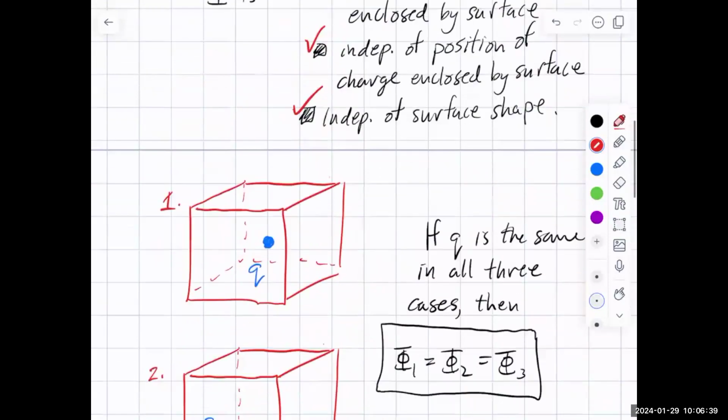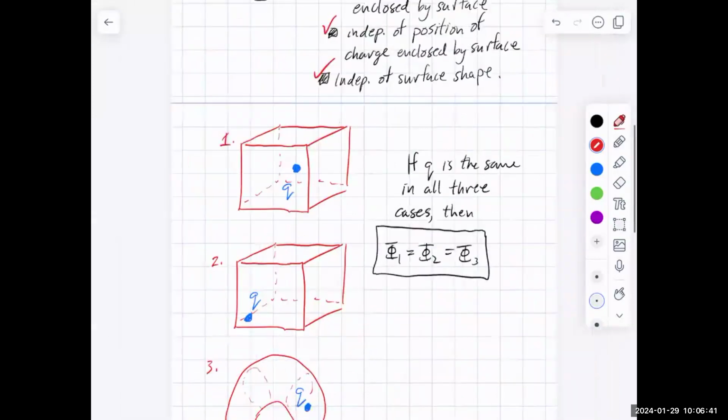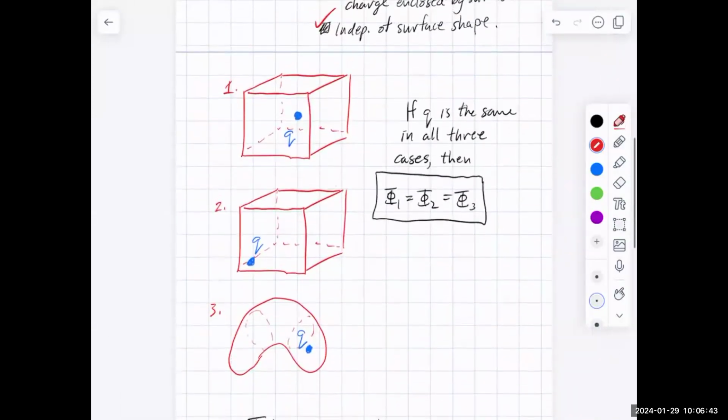Okay, so what that means is if I have these three cases where I have charge Q in the center of a cube, in number two, charge Q at the corner of a cube, but inside of it, and in case three, charge Q inside my Cheeto, all of those, if Q is the same in all three scenarios, have exactly the same flux. Okay, so that's what those three points above imply.